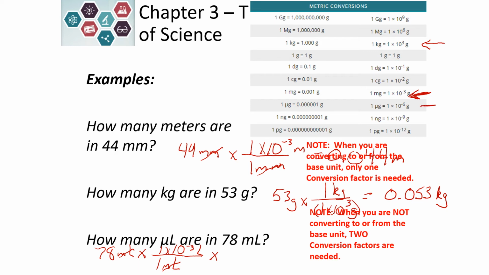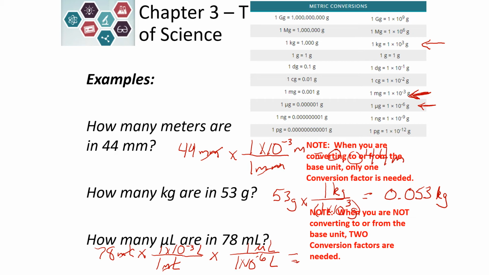So micro is right below it. But now we're in our base unit, so we need 1 times 10 to the negative 6 liters is 1 microliter. You may notice the prefix on this looks like a funny looking U. That's because there's so many that start with M. In order to keep from getting confused, we make it, it's called a mu, Greek letter.